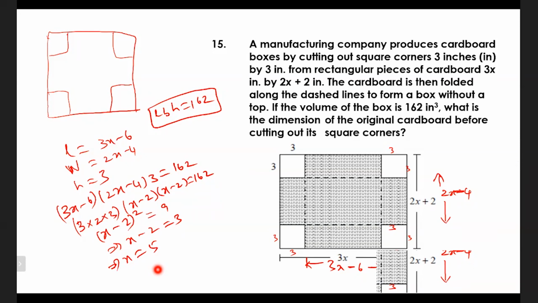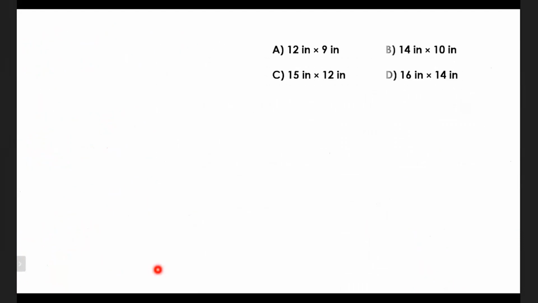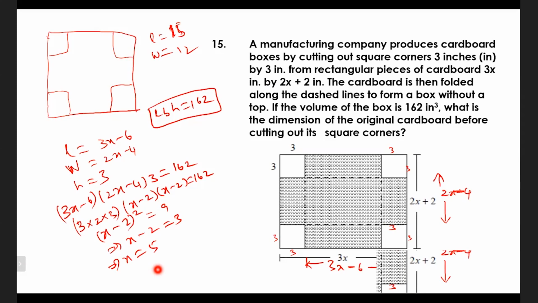Original cardboard length is 3x, 3 5's is 15, and width is 2x plus 2, that is 10 plus 2, 12. So 15 by 12 inches, we got this. Please note it fast from the previous page.